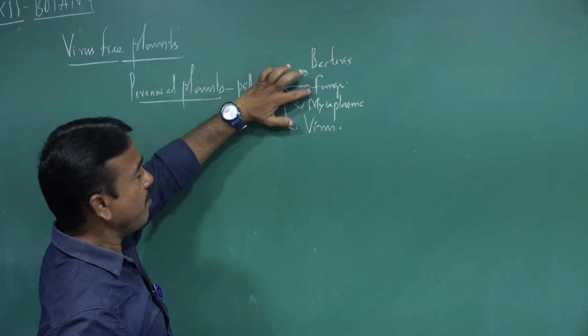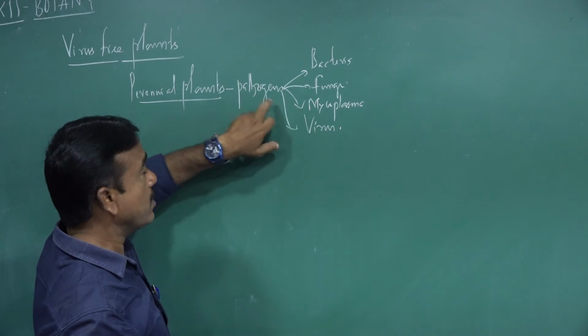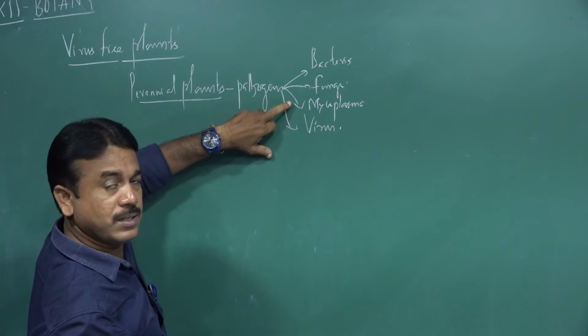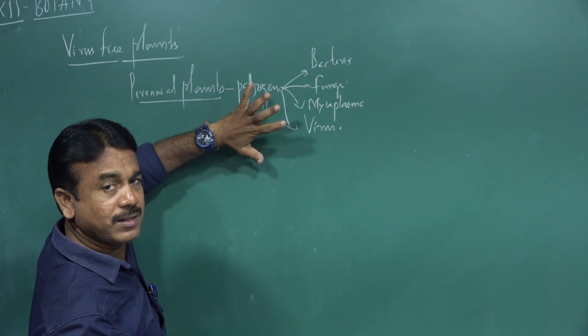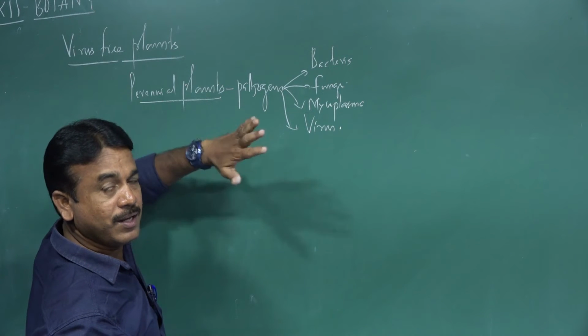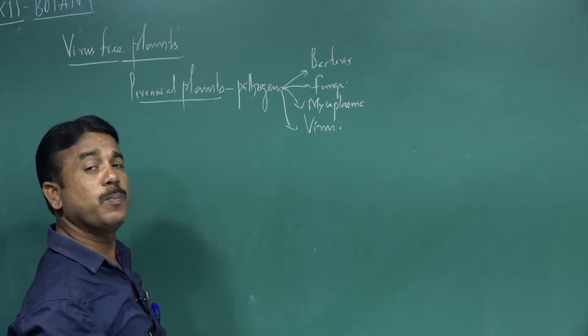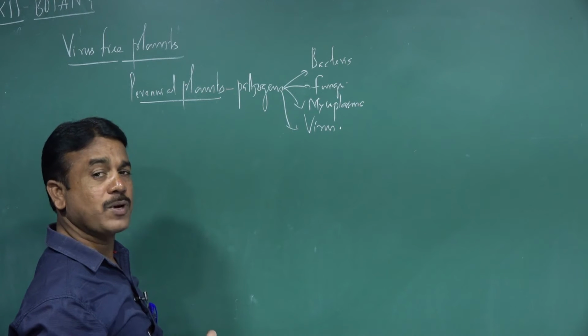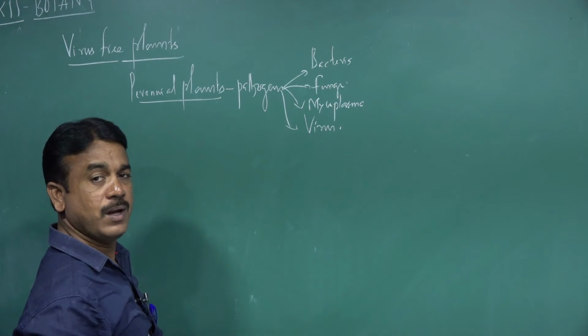Bacteria, fungi, mycoplasma and virus are commonly called pathogens. These pathogens cause economic loss, so it is not possible to produce a good yield and productivity is lost.